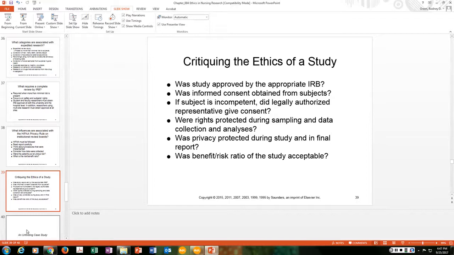You are reading it, and you may start making an effort to implement some of the findings of the research, but you always want to make sure that the study that you are supporting has good ethical practice. All right. Thank you very much.